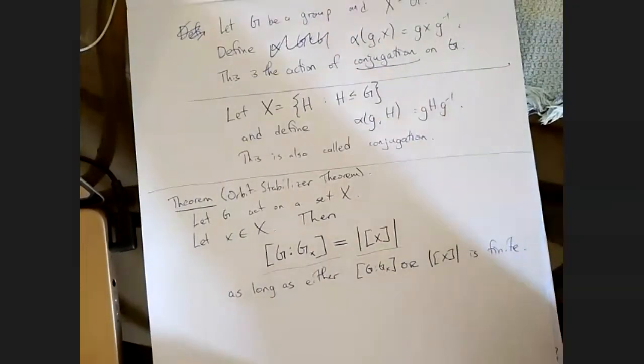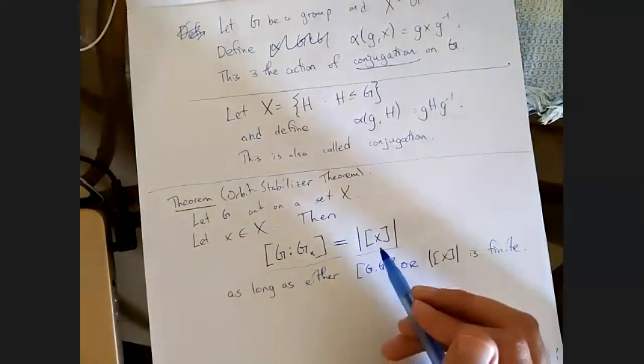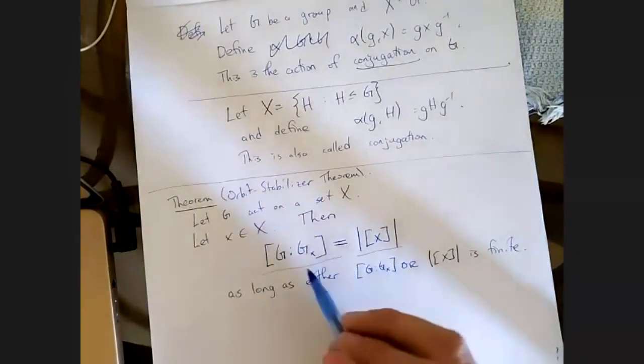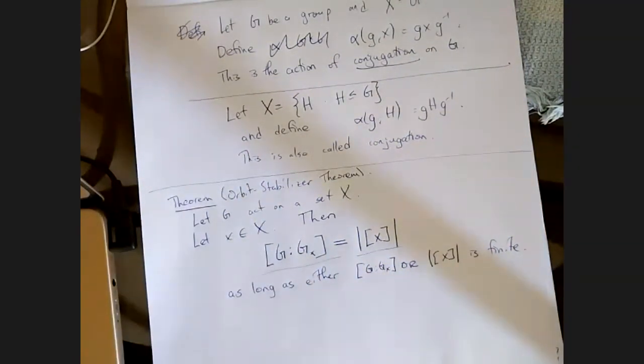If they're both infinite, then that's fine too. But as long as one or the other is finite, they're both finite and equal.